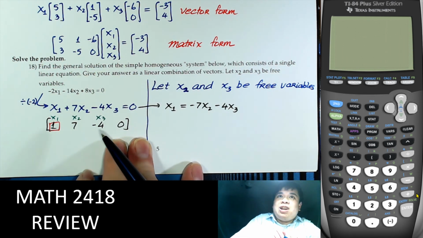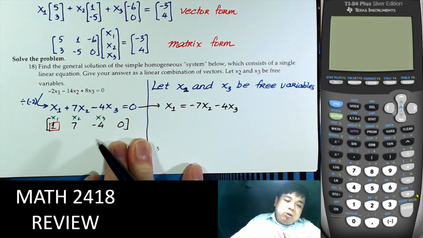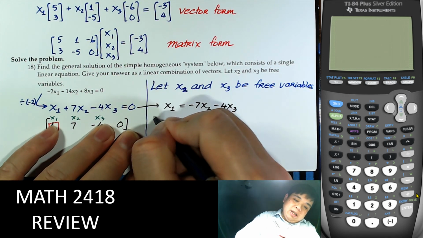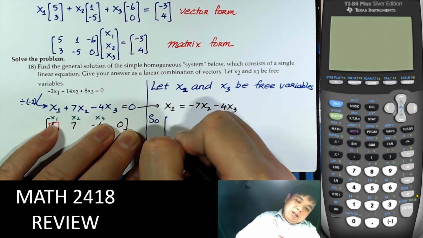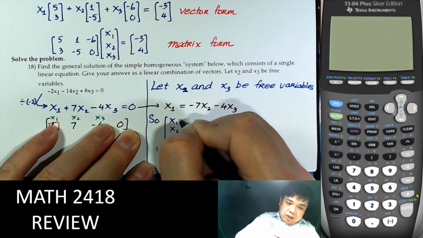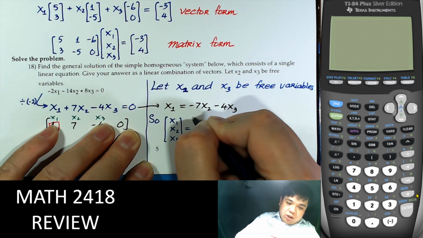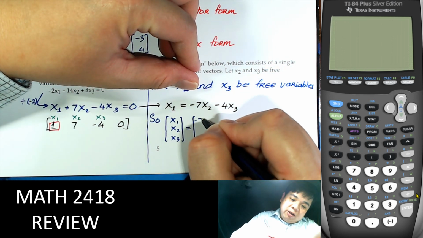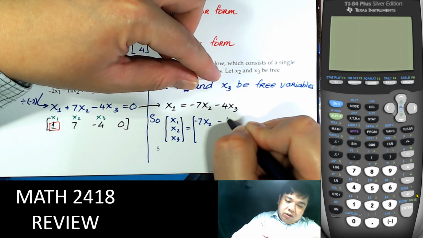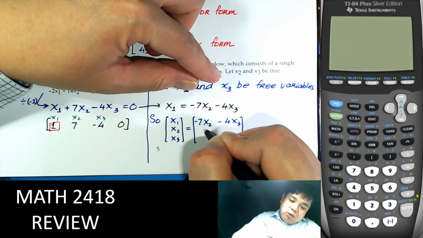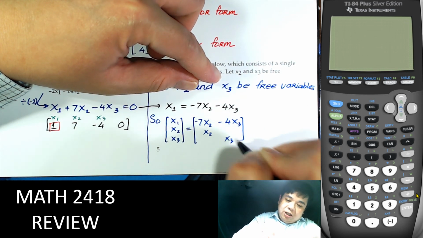Now we have to write the answer as a vector. So if we write x1, x2, x3 equal to: x1 now is -7x2 minus 4x3, x2 is x2, and x3 is x3.